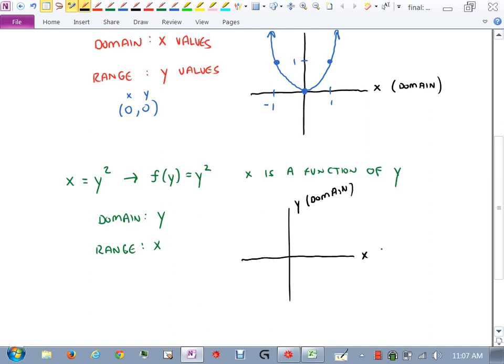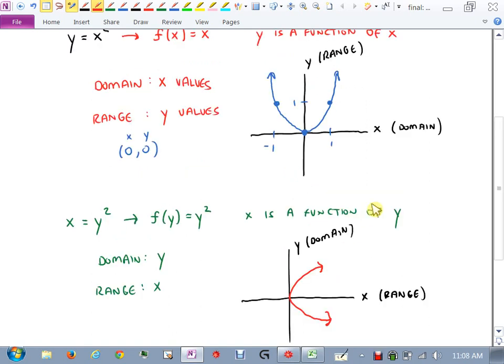And my x is my range. And if I were to pick values of y and determine what the x's are, we would get a parabola that would actually open up this way instead, right? Now, the importance of this, and just noticing this subtle difference here, is the fact that if I graph this right here, is that a function?